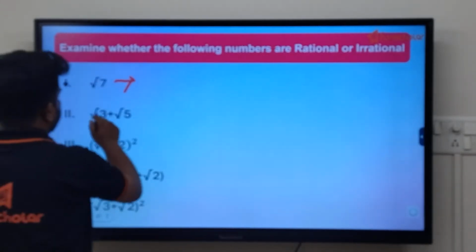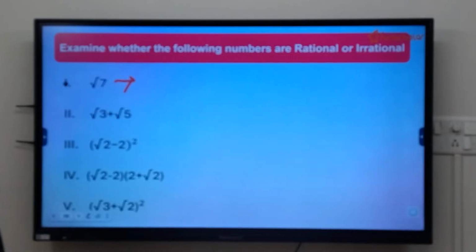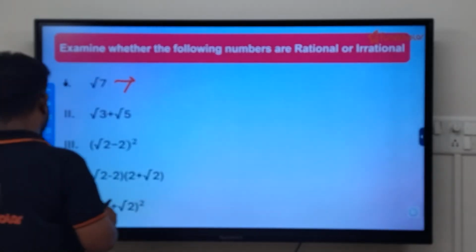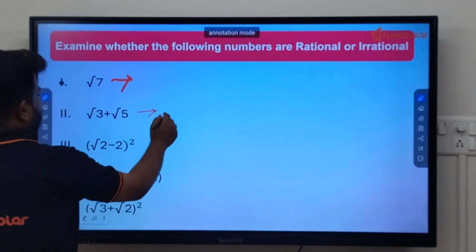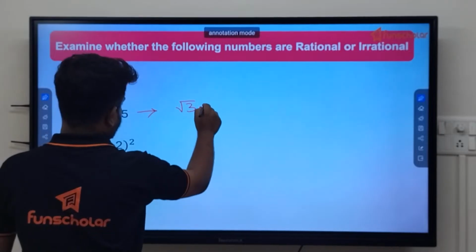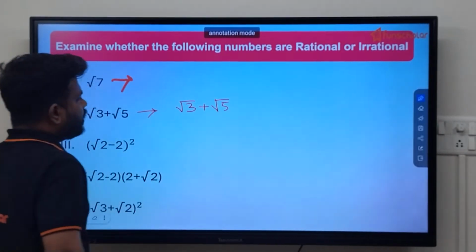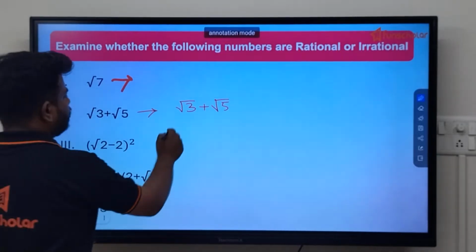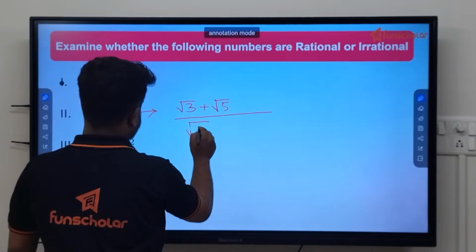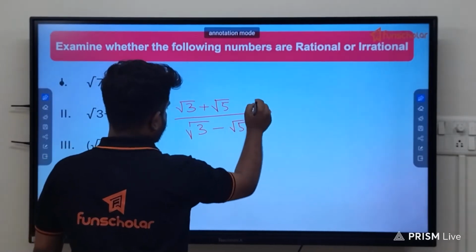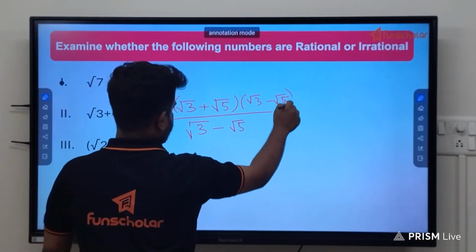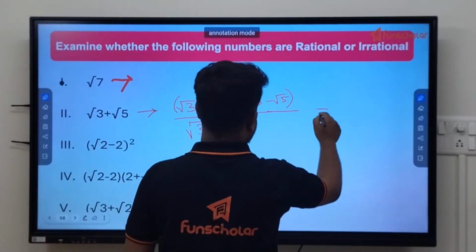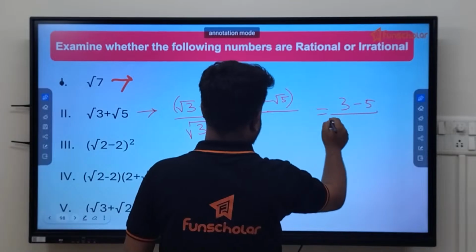Because for root 3 plus root 5, we can write it down and solve it down.